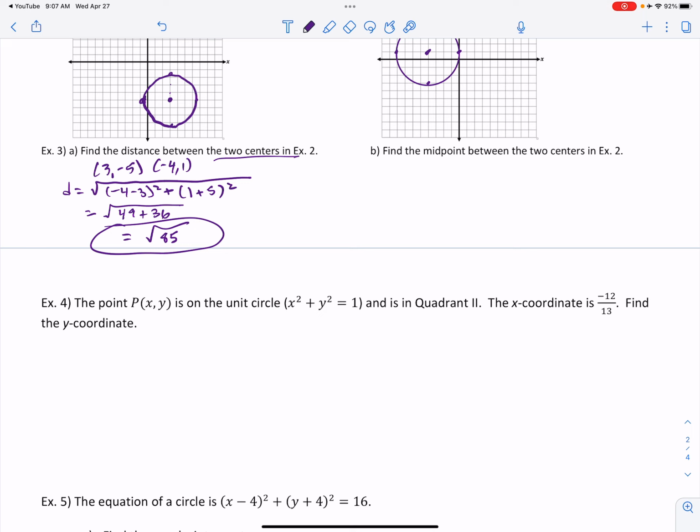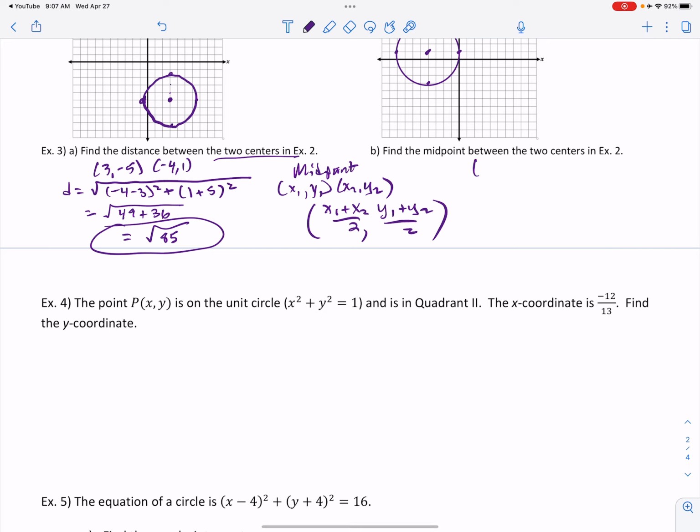To find the midpoint between the two centers in part B, well, the midpoint formula, when you have two ordered pairs, is you average the x's, you add them up and divide by 2, and you average the y's, you add them up and divide by 2.